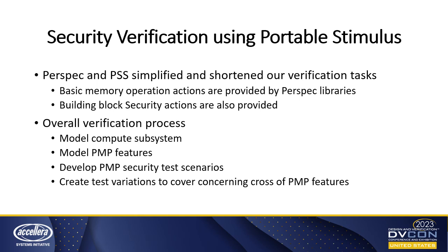The next step involves modeling PMP features and configuring PMP regions required for the test scenarios. The third step is to develop PMP security scenarios, that is high-level scenarios to test the PMP unit. This step uses building blocks from the previous two steps. Finally, we generate a lot of test variations to expand the PMP feature coverage.